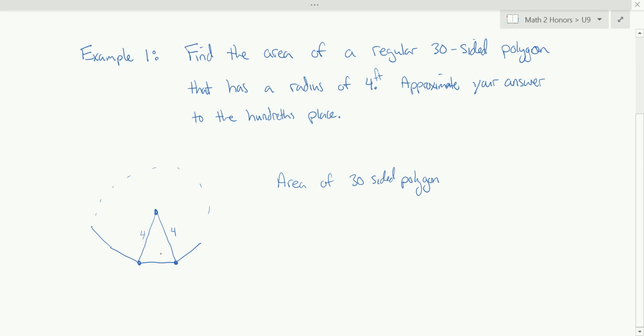If I could find the area of that triangle, how many of those triangles will make up this whole regular 30-sided polygon? 30. So it's going to be 30 times the area of this particular triangle. Okay. So that's our focus. If we can find the area of that triangle, multiply it by 30, we've got the area of this whole polygon.